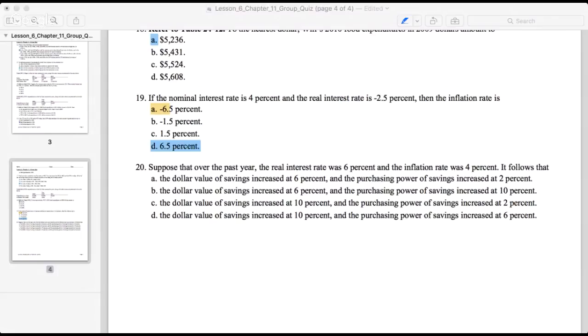Daniel, could you explain how you got D on that one? I'm trying to get my head around the calculations. The real interest rate, which is 6%, is already considering the inflation rate.